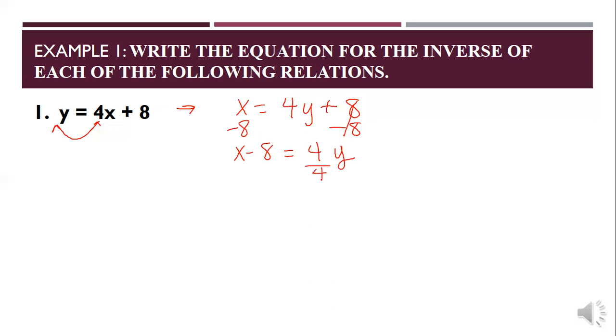When you multiply and divide, it affects all terms, okay? So I'm not going to just divide 1. I'm going to divide all terms by 4. So I'm left with 1/4 x minus 2 equals y.